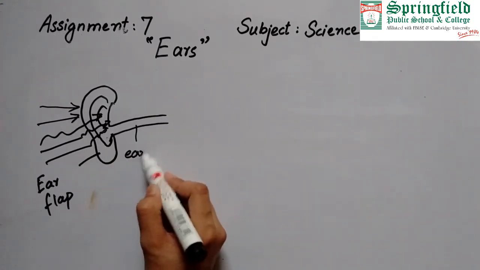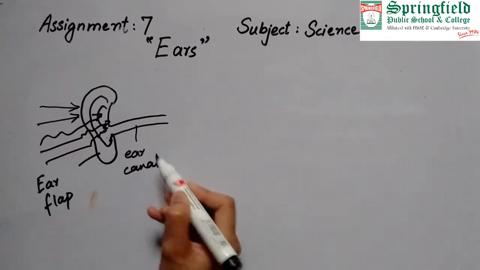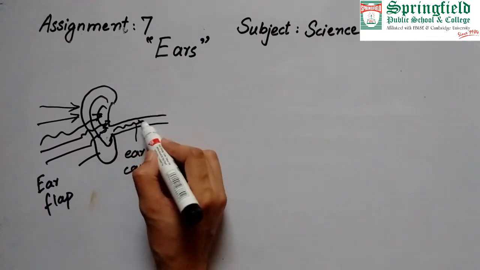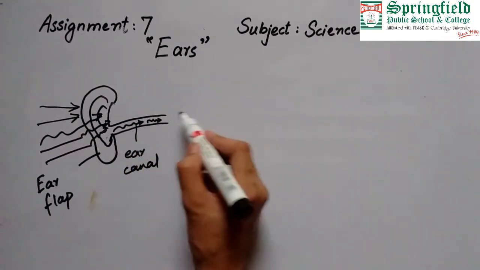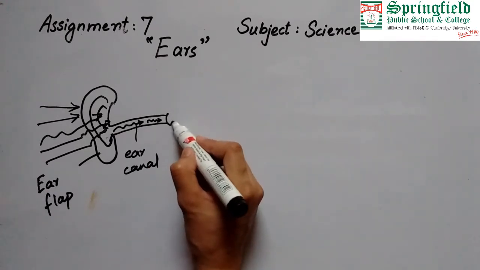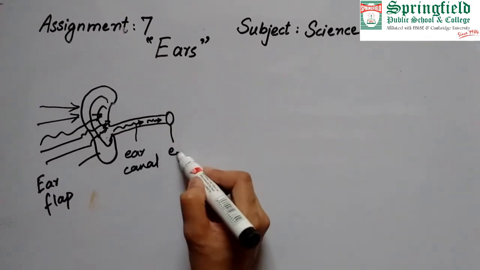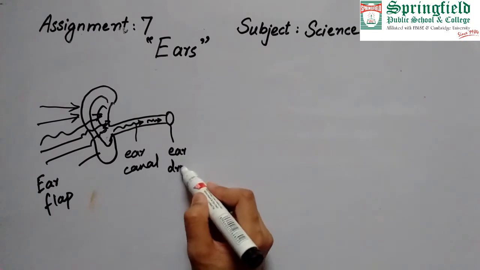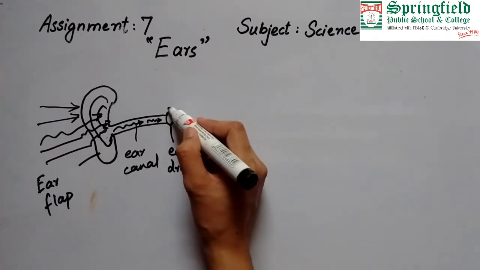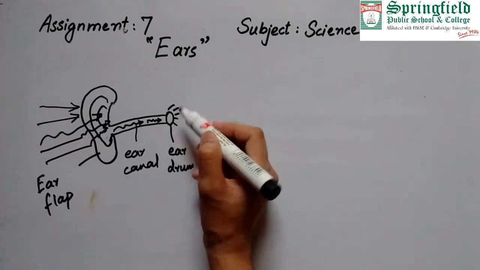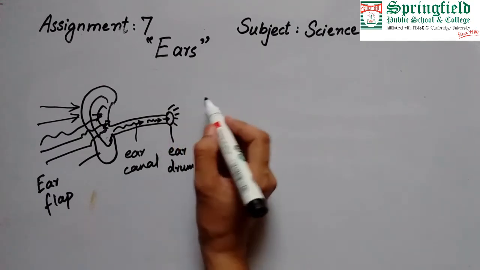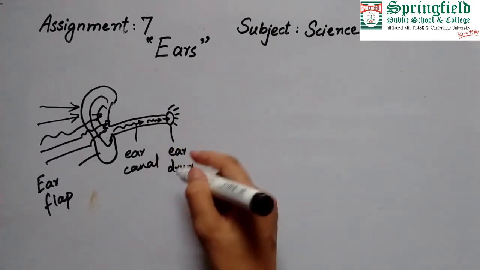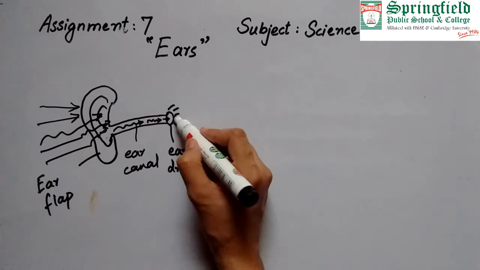This ear canal allows these vibrations to pass one by one into the ear. Then here is the eardrum. At this eardrum, these vibrations strike and they also make the eardrum vibrate.